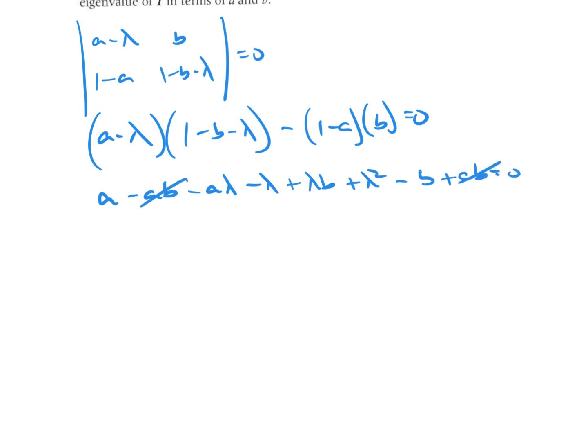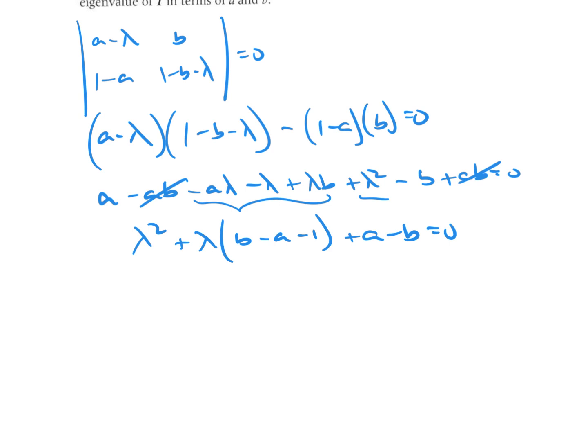That cancels, and if I rewrite this, I get a lambda squared, plus lambda times (b minus a minus 1), and then a minus b equals 0. So we're asked to show that lambda equals 1 is an eigenvalue.